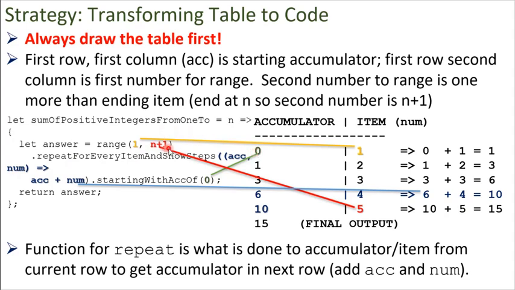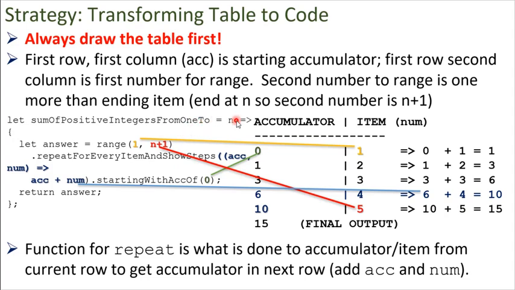So then you also say, well, when are you going to stop, right? When you're going to stop determines what you put, and when I say stop, I mean what item are you going to stop with? That determines what you're going to put for the second number to range here. Now here you notice I stop at 5, and remember that range would need to go one more, so we would stop at 6. But the reason I can't put 6 here is because I won't always be adding up the same integers.